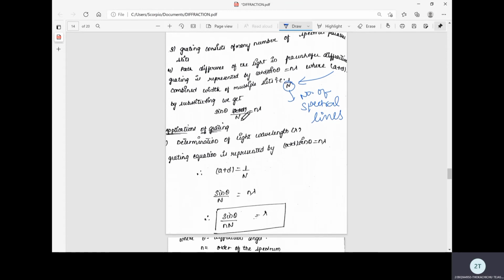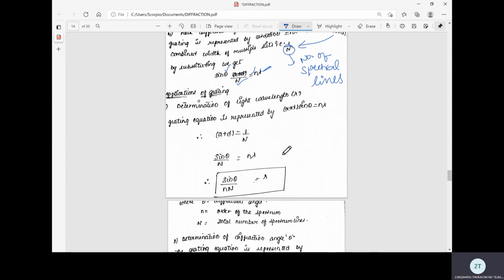Since it is given in this equation, n lambda equals A plus T sine theta, on replacing the value of A plus T with 1 by N, we get sine theta by capital N equals small n into lambda, where small n represents the order, lambda represents the wavelength of the light, capital N represents the number of spectral lines, and theta represents the angle of diffraction, like we saw in the previous experiment.